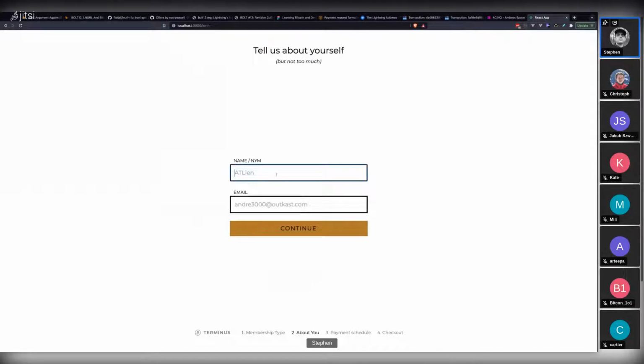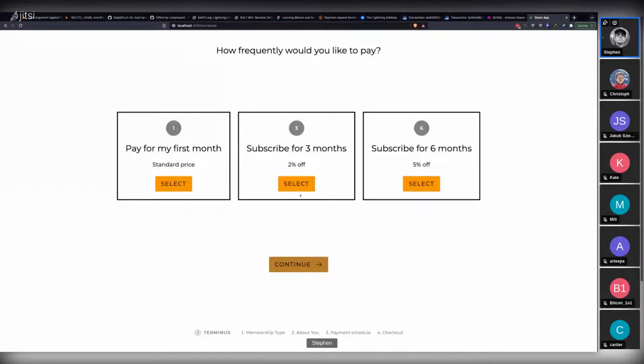Then you type in your name and your email address. And then you choose your subscription tier. We actually have this hooked up to a Core Lightning node that's running in the cloud. Depending on how sophisticated you want to get with your programming, you could have this generate a unique Bolt 12 offer for every single user or customer you have.